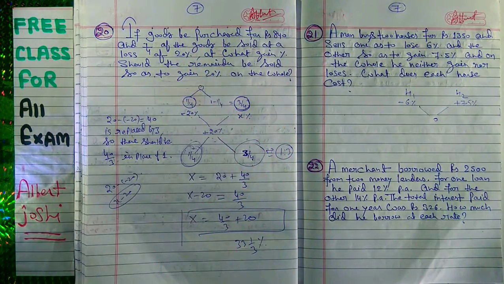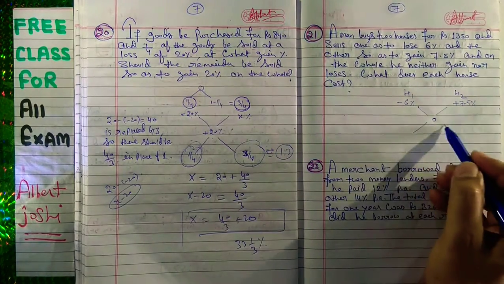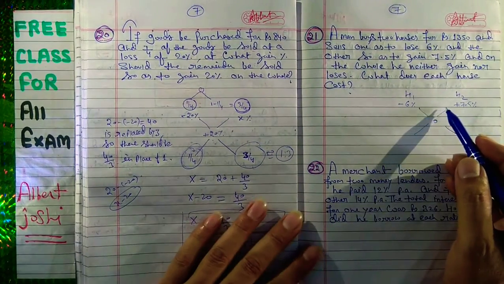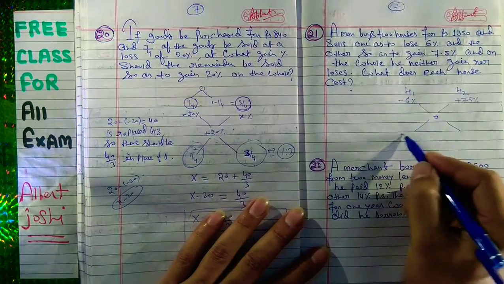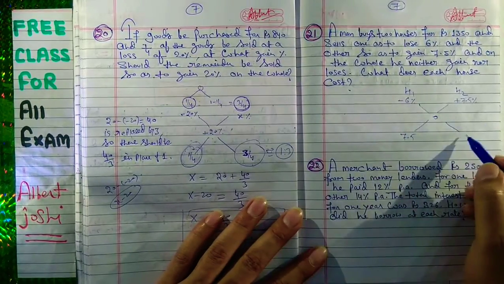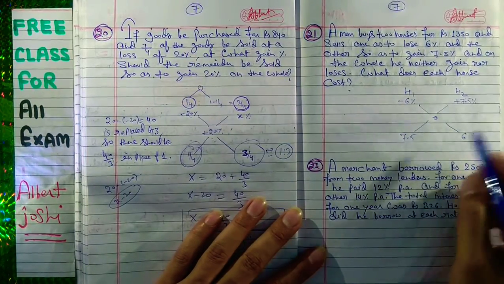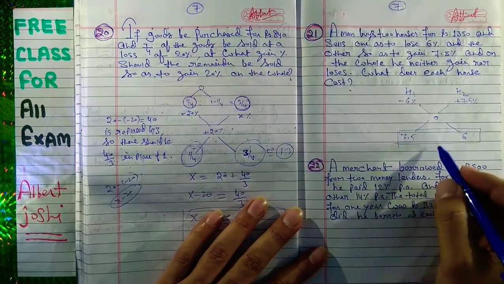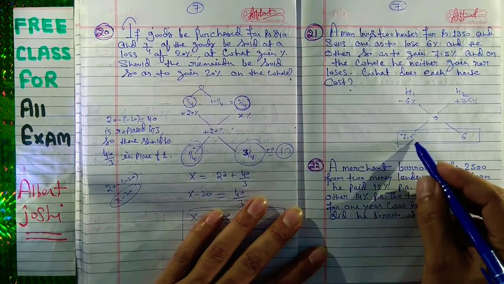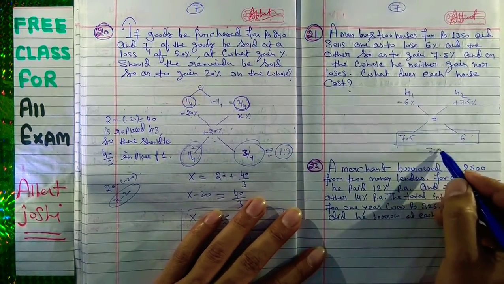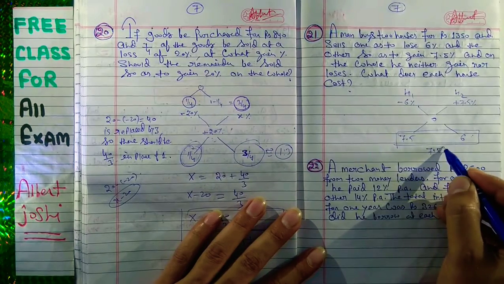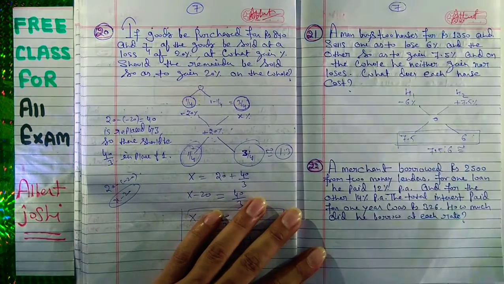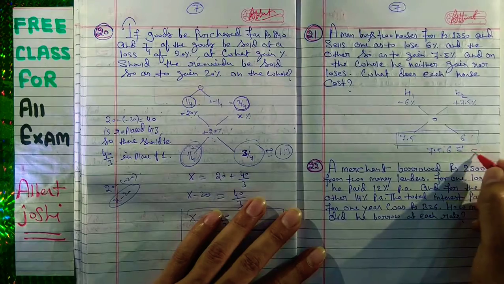Very simple. If you use the alligation method, 7.5 minus 0 is equal to 7.5, and 0 minus 6 is equal to 6. So your ratio is 7.5 ratio 6. If you solve it, you will get 5:4.